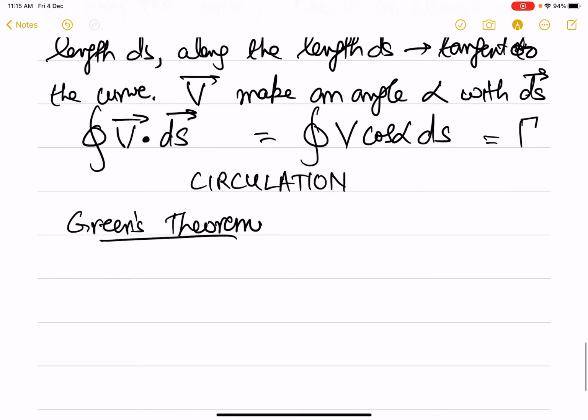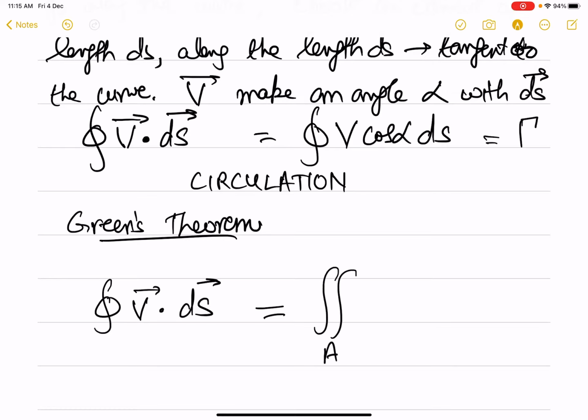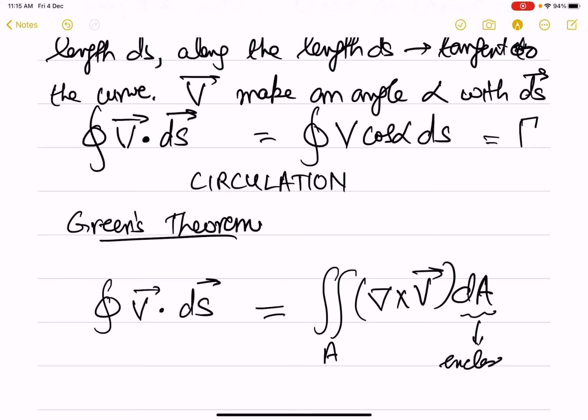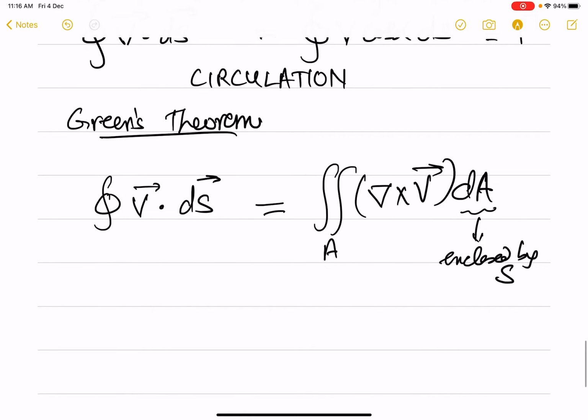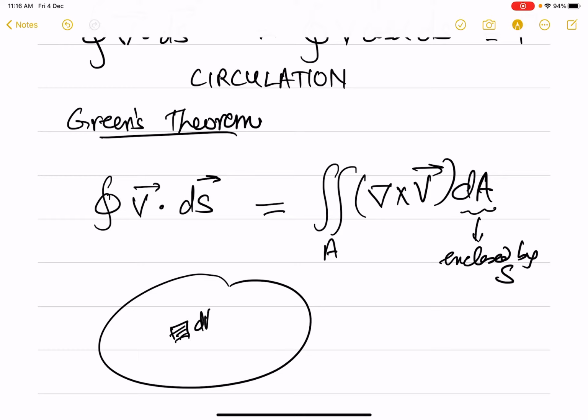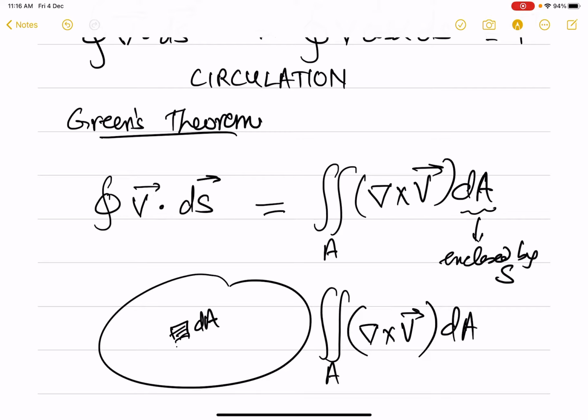Green's theorem tells us that the integral on a closed curve of any vector dotted with ds is equal to the area integral of the curl of that vector, where this area dA is the area enclosed by the curve S. So to calculate the right hand side, we choose an element dA on the area, calculate del cross V multiplied by dA, and integrate over this entire area.